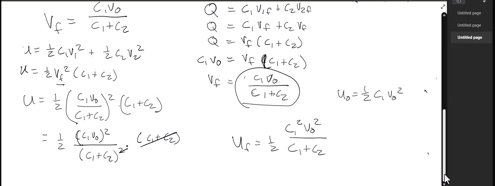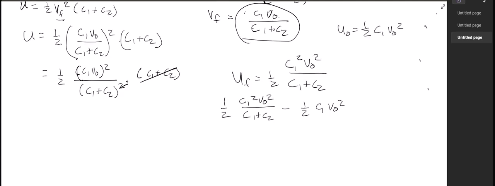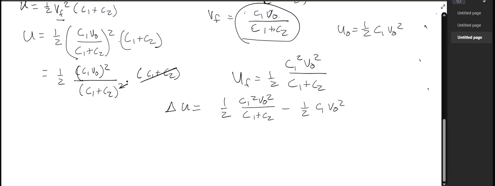And so our final minus initial is 1/2 C1 squared V naught squared over C1 plus C2, minus 1/2 C1 V naught squared. So this is the amount that's lost. So this is delta U. That's the amount that's lost.